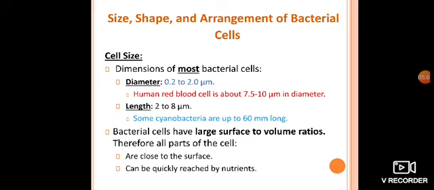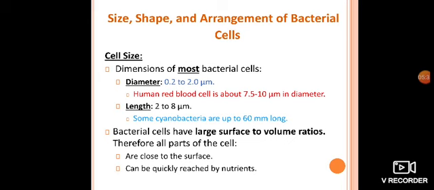The diameter of a bacterial cell is approximately 0.2 to 2 micrometer. If we compare with the human red blood cell, it is about 7.5 to 10 micrometer in diameter. So you can imagine how small the bacterial cell is. Then regarding length, 2 to 8 micrometer is the normal length of bacteria.